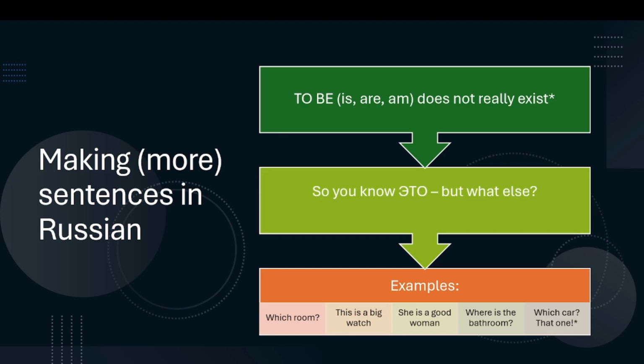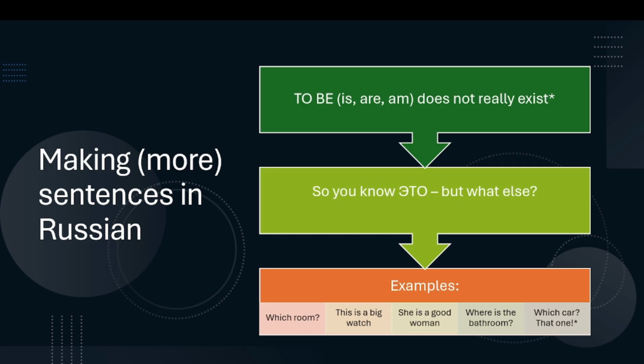Okay, so you know the word это, which is great. We learned that last lesson. We learned how to say this is a whatever, this is that. But we can say more sentences in Russian with just very few more words. And that's what we're going to do this lesson. We're going to learn just a few more words, and we're going to be able to say way more sentences.